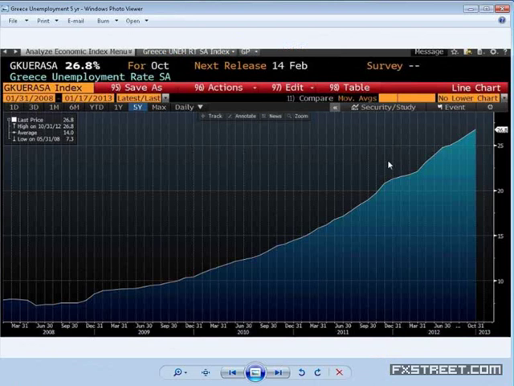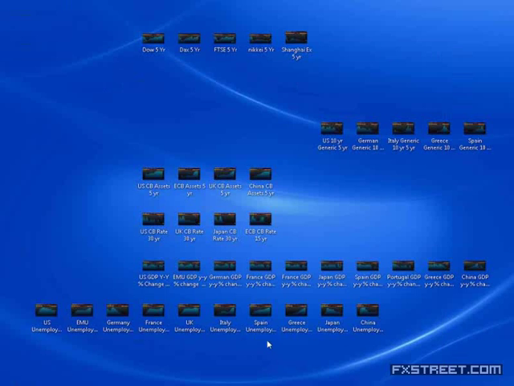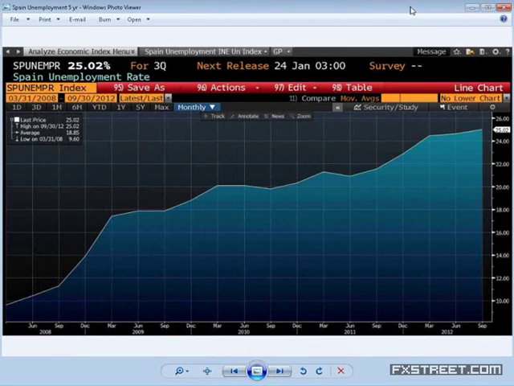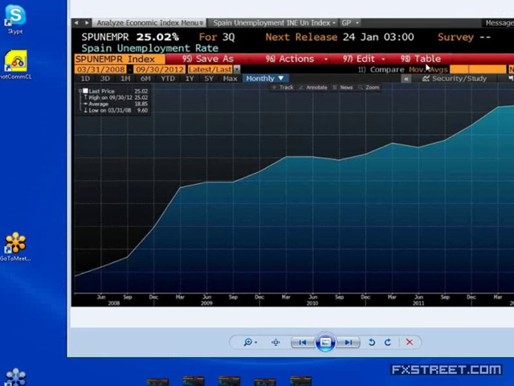This is Greek unemployment. Imagine living in a country with that much unemployment. That's Greek unemployment. This is Spanish unemployment. And this is the official unemployment rate.